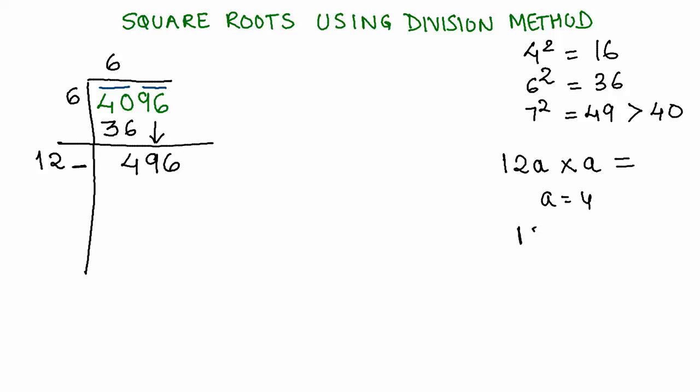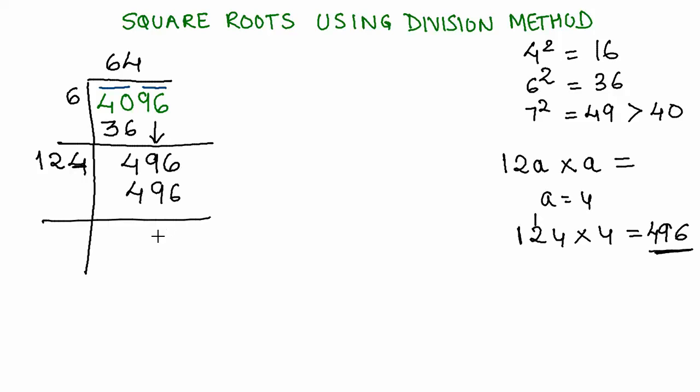So we have 124 multiplied by 4. When you do this, 4 times 4 is 16. You carry over 1. 4 times 2 is 8, and 1 makes 9. And 4 times 1 is 4. So you get 496. So we write 4 over here. 124 multiplied by 4 gives you 496, which gives you the remainder as 0.